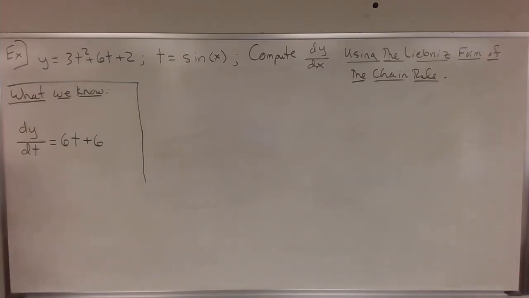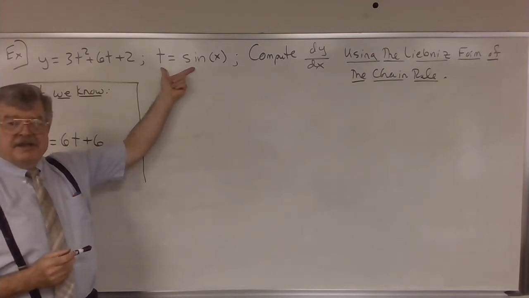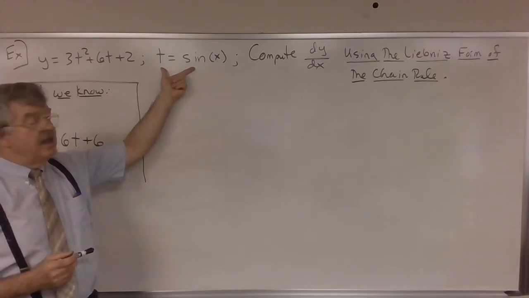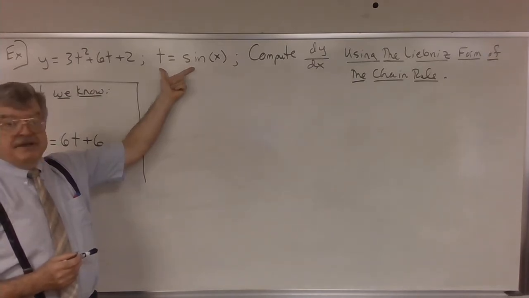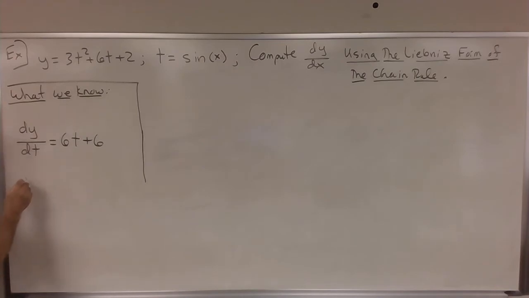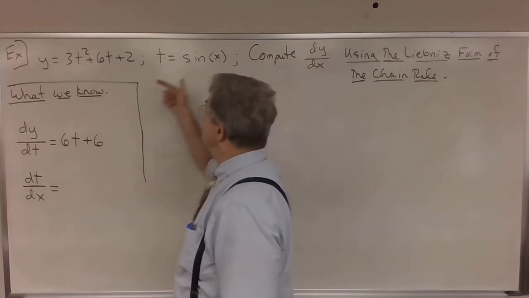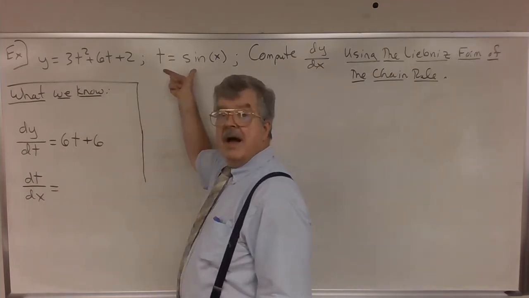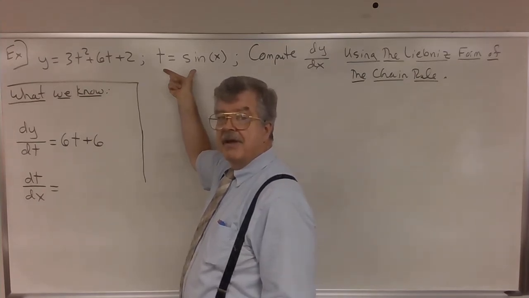Now, I can also deduce something else from the information that's given. I have t given as the sine of x. So I ought to be able to compute the derivative dt/dx. And how do I get dt/dx from this equation? Now, I compute the derivative of both sides of the equation with respect to x.